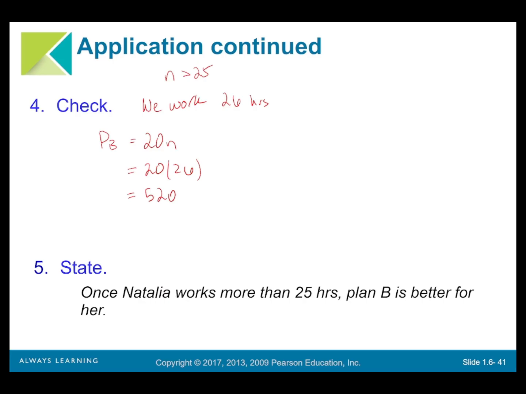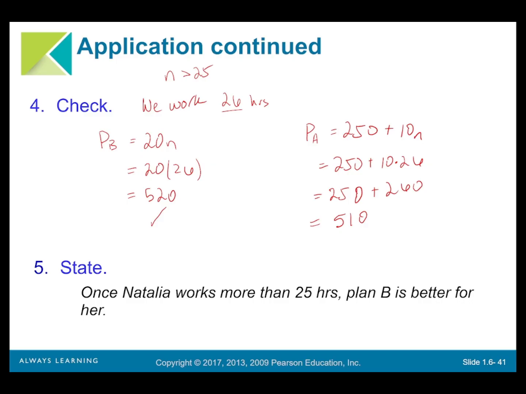Whereas plan A, which was 250 plus 10N, well, that's 250 plus 10 times 26. That's 250 plus 260, which is $510. So yep, at 26 hours, she made more doing plan B like expected.